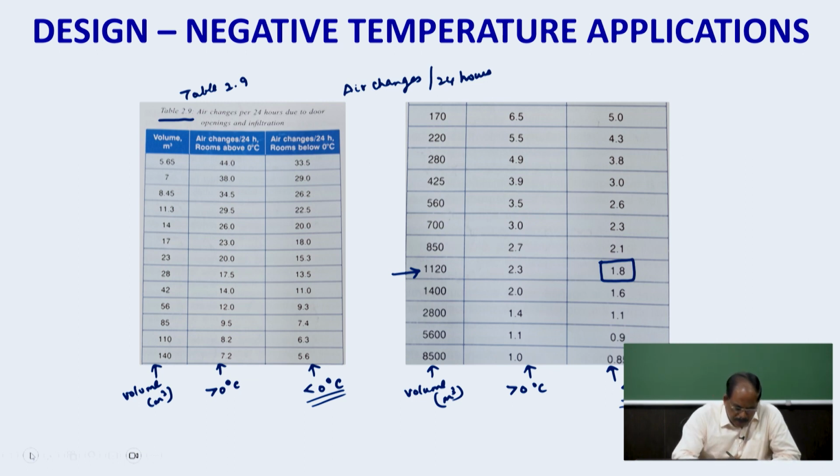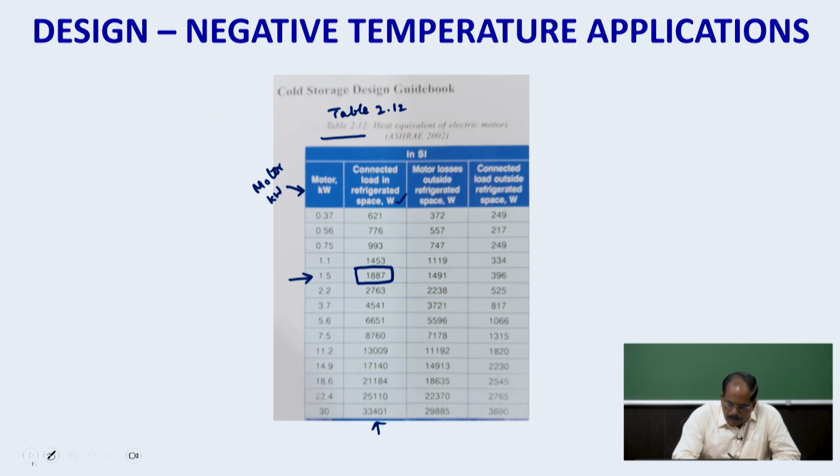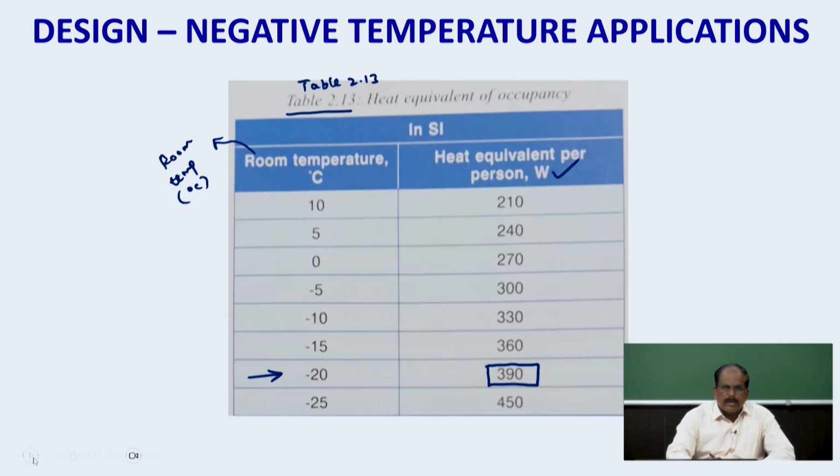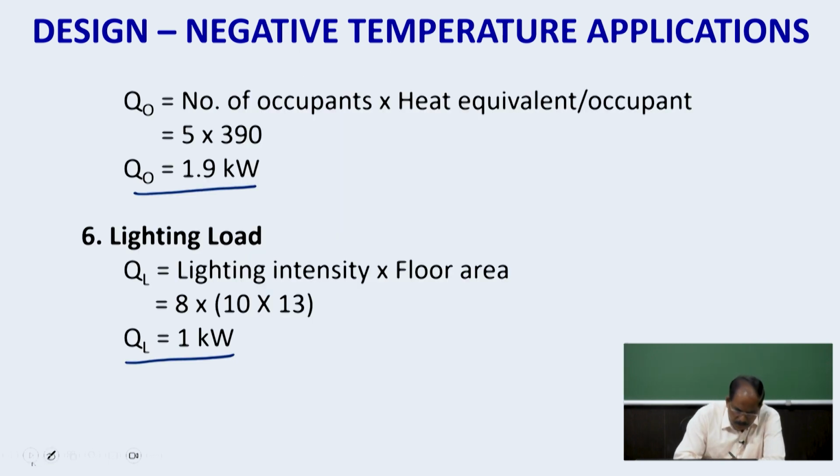Table number 2.12 is used for calculating the equipment load, that is the load due to the fan motor. And table 2.13 is used to take the value of heat equivalent per person or occupant. Lighting intensity is normally assumed to be 7 to 10 watt per meter square. If it is not given, you can take any value between 7 and 10 watt per meter square.